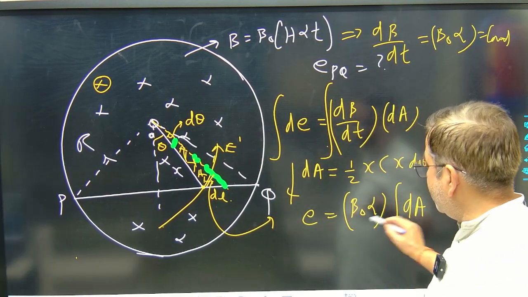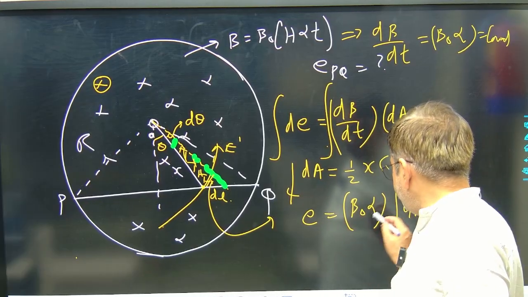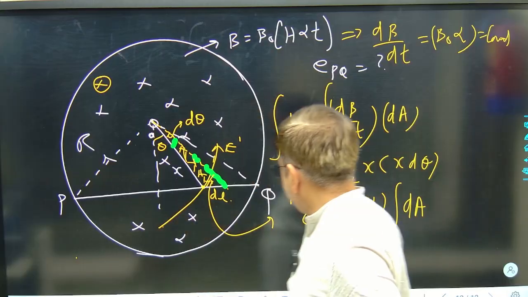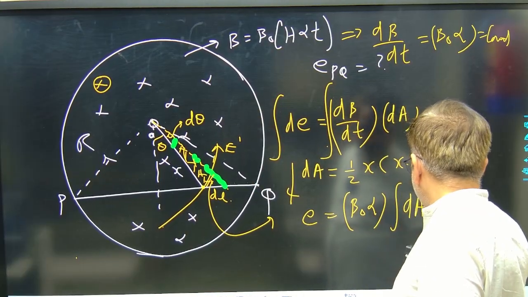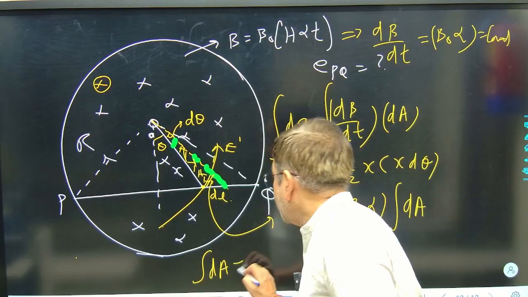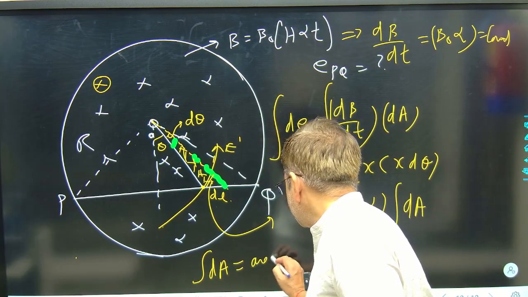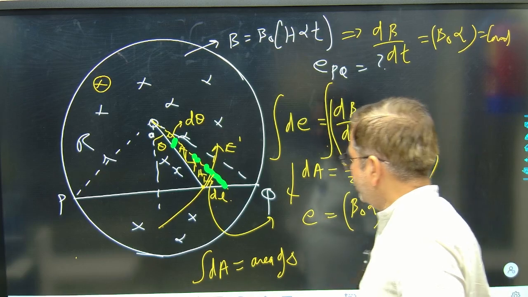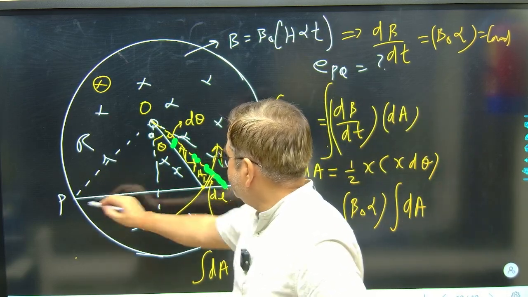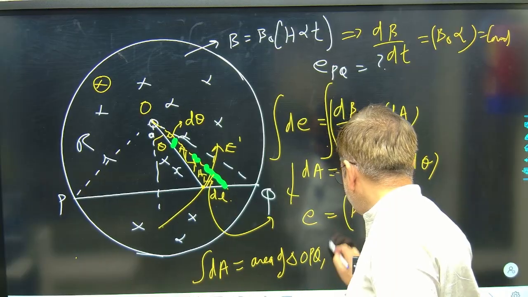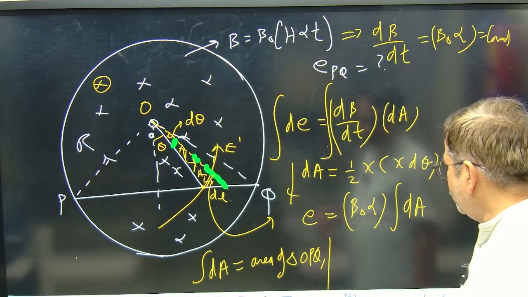If I integrate, the total area will be the integration of area dA, and that will be the area of triangle. Just see, this point is O, this is PQ, area of triangle OPQ.